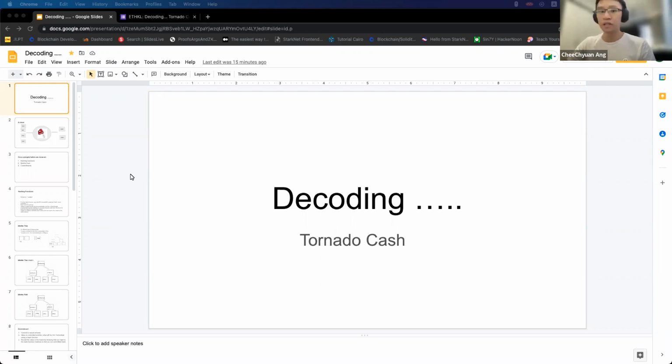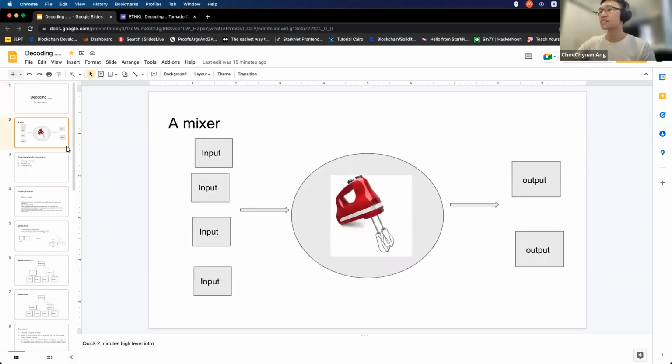So just a very quick 1-2 minute high-level intro of Tornado Cash for the benefit of those who do not know what Tornado Cash is. Tornado Cash is commonly known as a mixer. Why do I say a mixer? Well, we have a bunch of inputs. These are basically deposits.